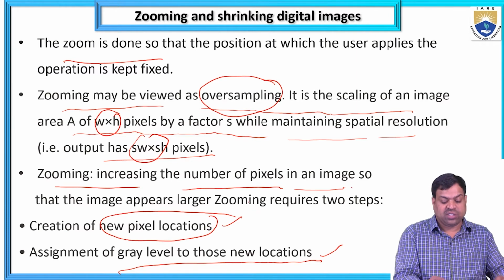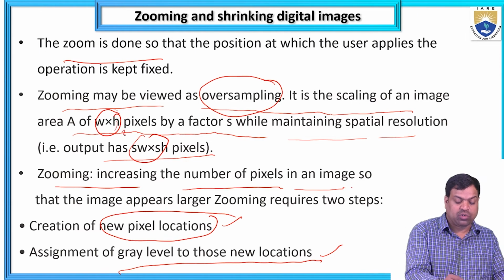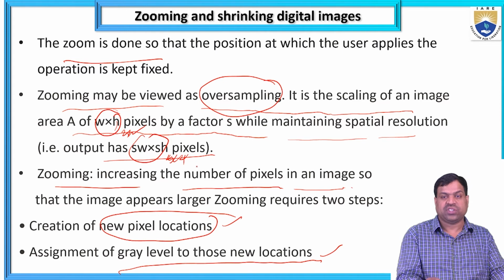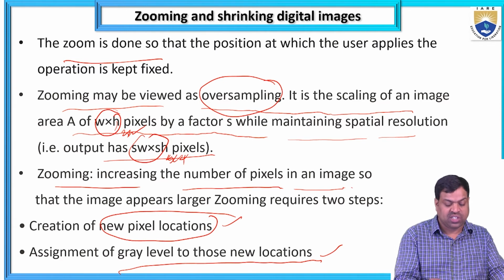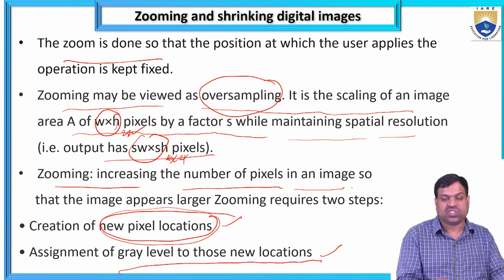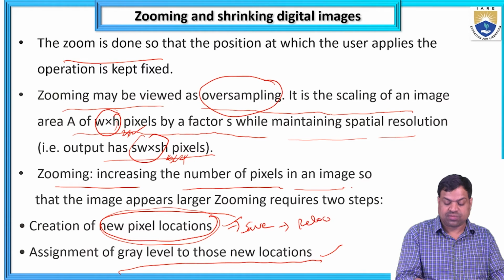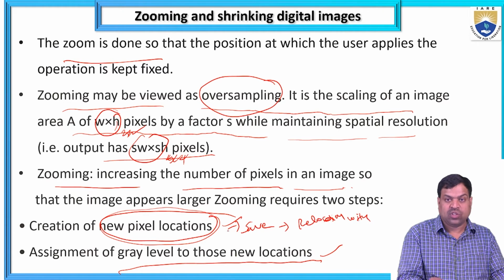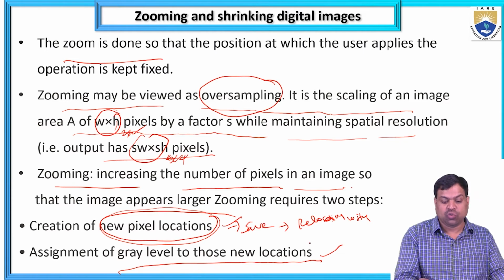This W by H is a 2 by 2 example, but it is converted to 4 by 4. Are the pixels changed? Yes, it is called new pixel relocation: we save them in new pixel locations, and assign gray levels to those new locations.